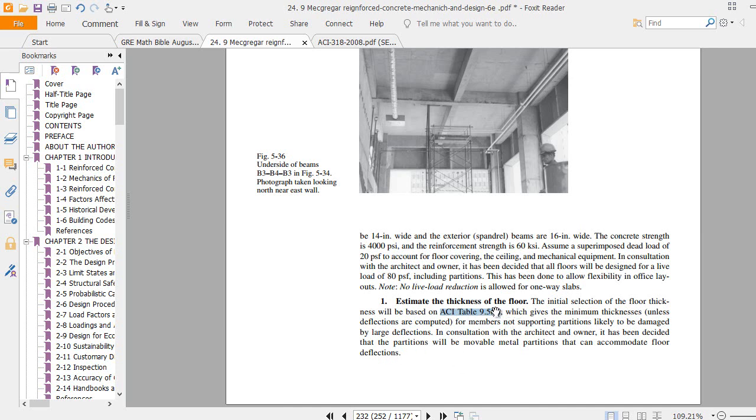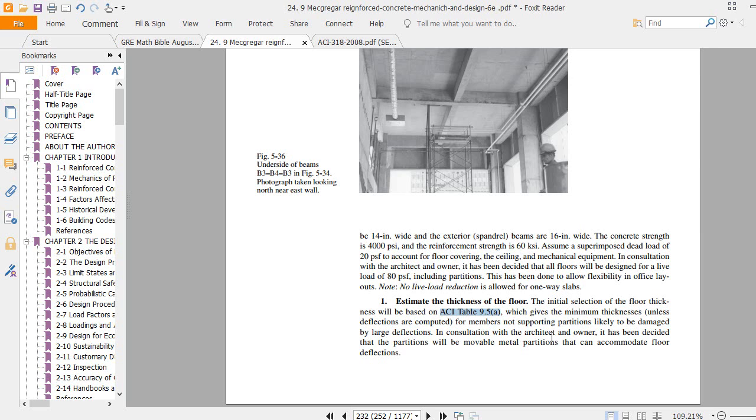So you have to consider this table, but remember there will be no partition walls. If you are placing some kind of heavy partition walls, then this table's values will not be used. This is very important to understand.